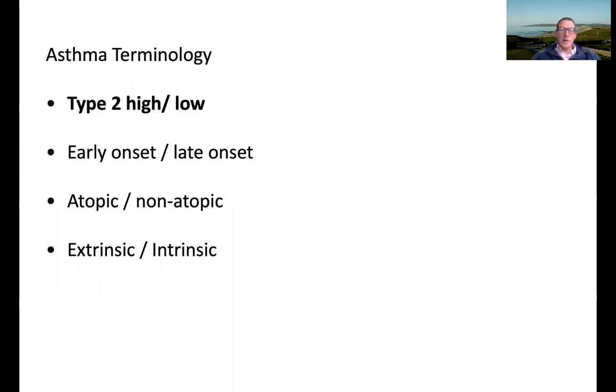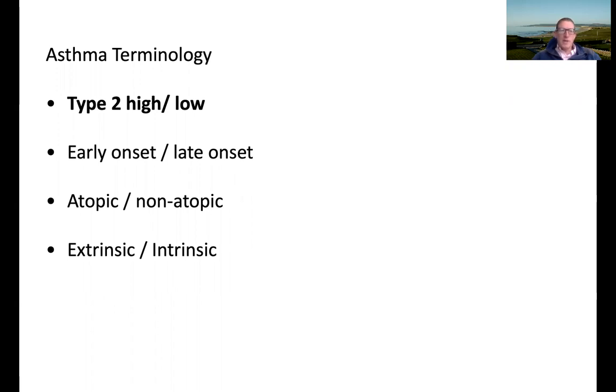In other words, does it occur in kids or in adults? Is it allergic or non-allergic? Atopy and allergy are interchangeable. Or is it extrinsic or intrinsic? Extrinsic means there's an identifiable outside trigger factor, and intrinsic means there isn't. But in reality, you can have a mixture of any of these.